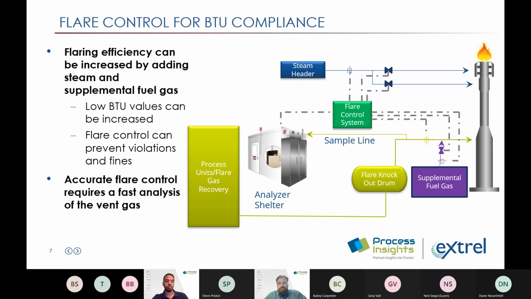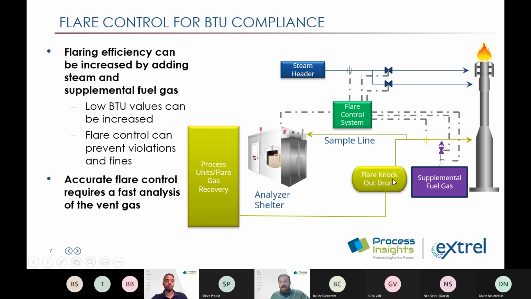Okay, and this has become particularly important in flare gas because of the way the regulation is structured. So, on this slide, we've got a diagram, and it shows what a flare analysis system looks like from a high level. In the middle of the slide is your process unit that's dumping vent gas down a line that's headed to the flare.